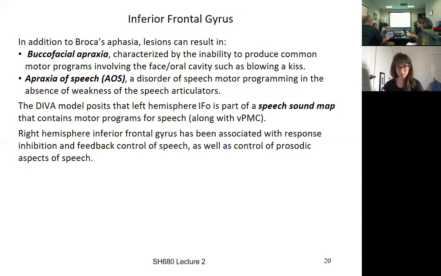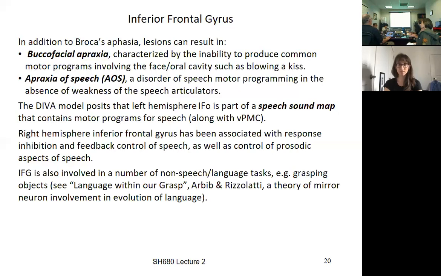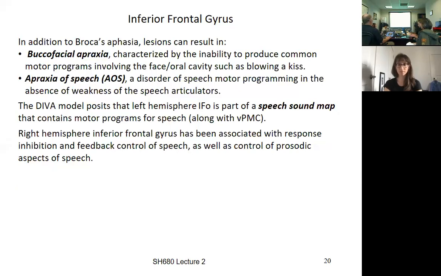Other things it's been associated with are control of prosodic aspects of speech. As I mentioned, in particular, it may have a bigger role in intonation profile, which is a slowly varying thing, which right hemisphere structures seem to be a little better suited to processing than left hemisphere. And also, we think it's involved in feedback control of speech.